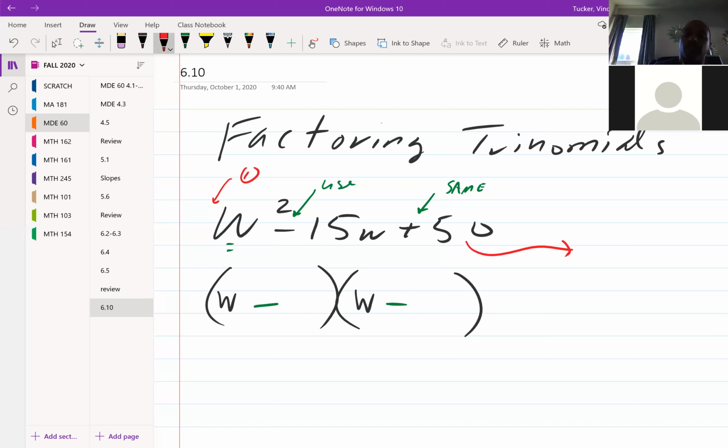So we need to look at all of our factors of 50 and see what 2 numbers multiply to give us 50. But because of our signs being the same, these 2 numbers have to add together to give us 15. So if you look at your choices, we got 1 times 50, 2 times 25, and 5 times 10. And of course, it would be 5 and 10, and that would be our factorization.